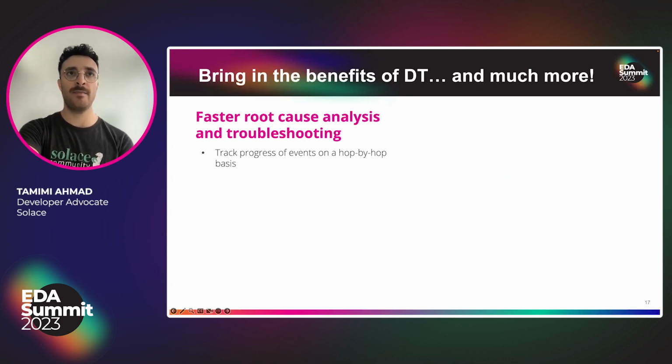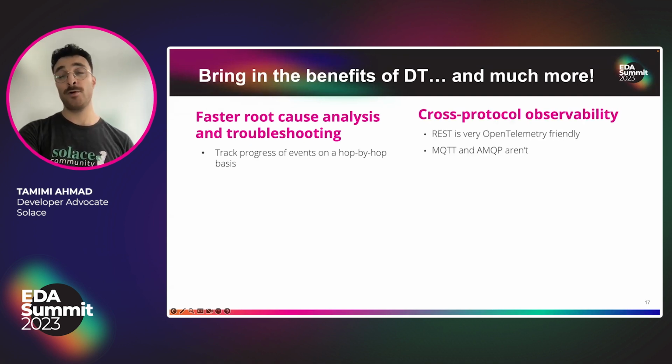Again, similar to what I mentioned earlier, we can have faster root cause analysis and troubleshooting, because now we can track the progress of events on a hop-by-hop basis. Cross-protocol observability. REST is very OpenTelemetry friendly, and MQTT and AMQP aren't.